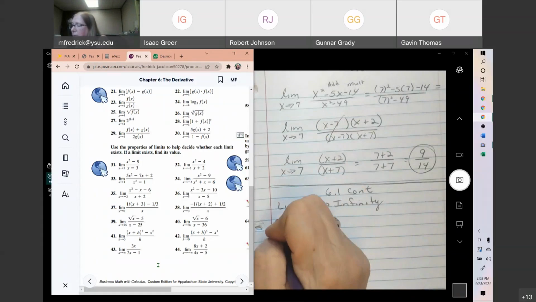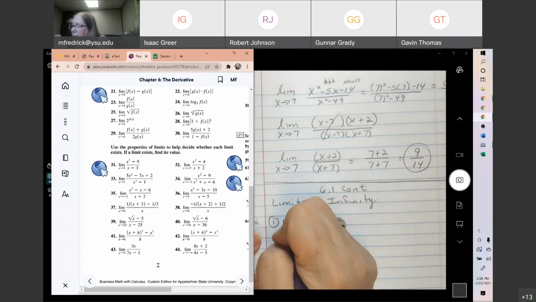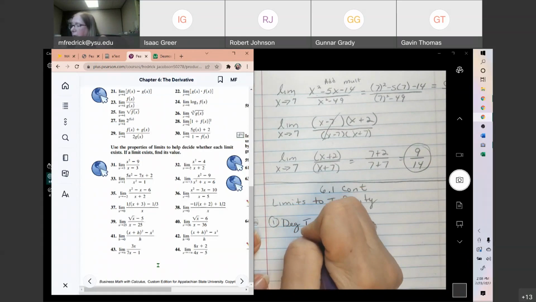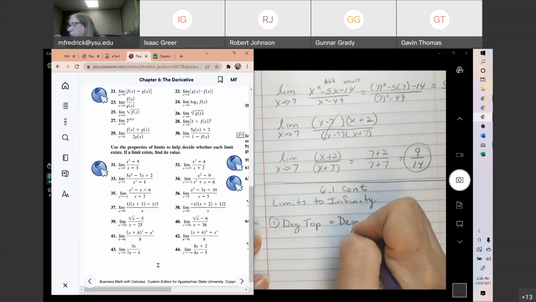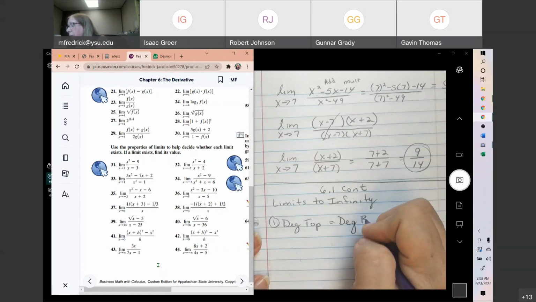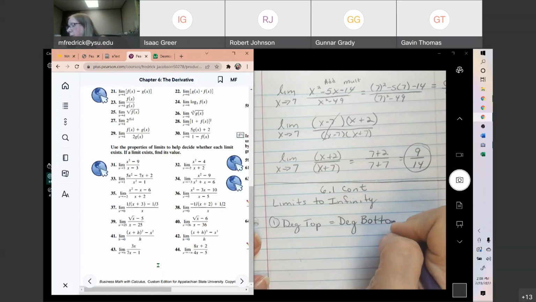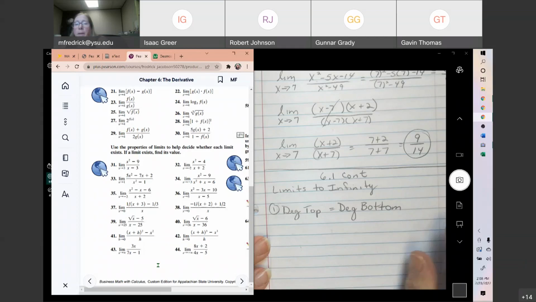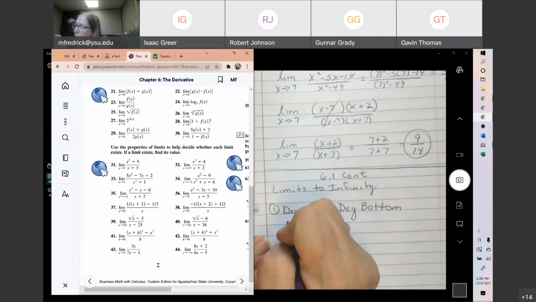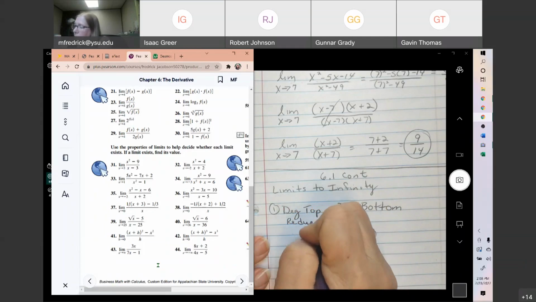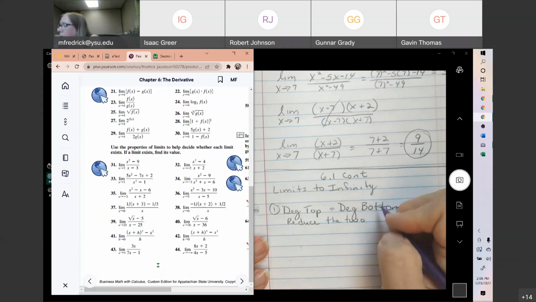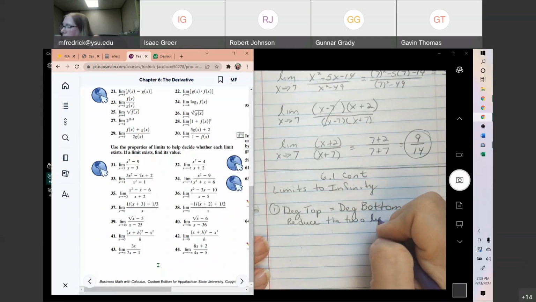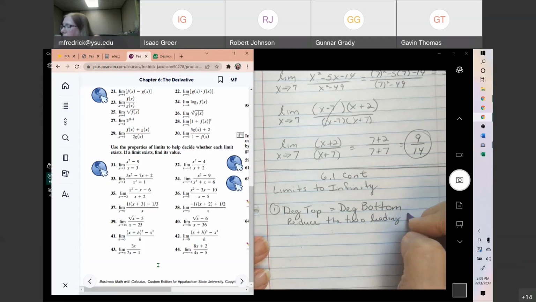The first case is if the degree of the top polynomial is equal to the degree of the bottom or denominator. So if the degree of the top and the bottom is the same, reduce the 2 leading terms.